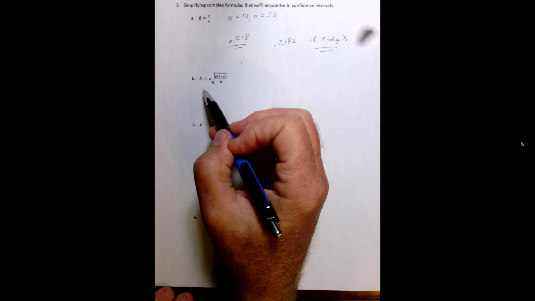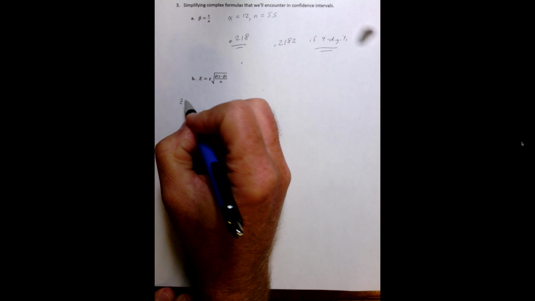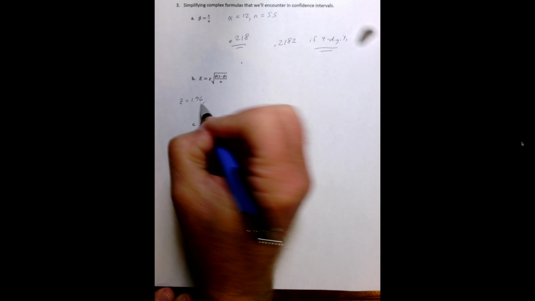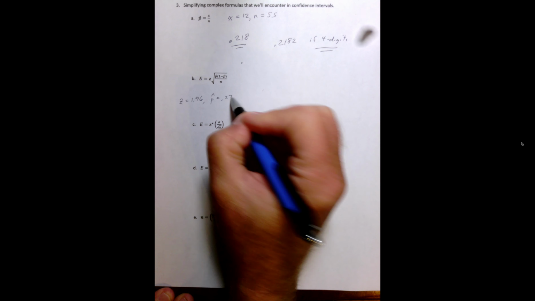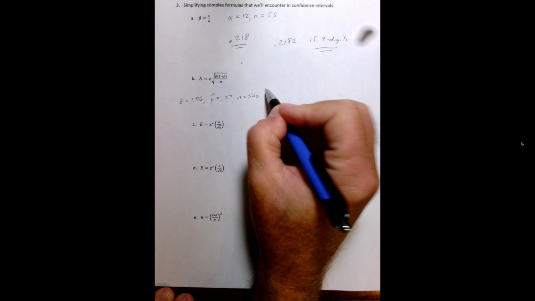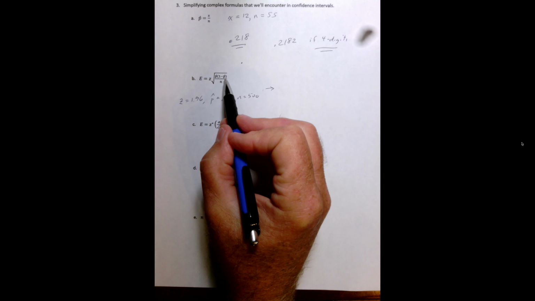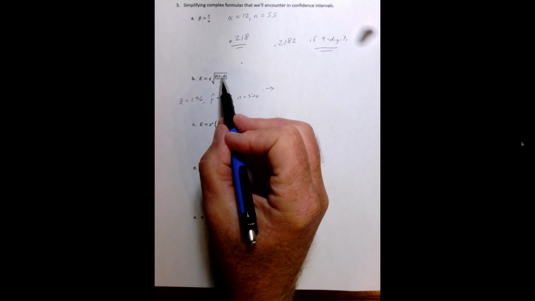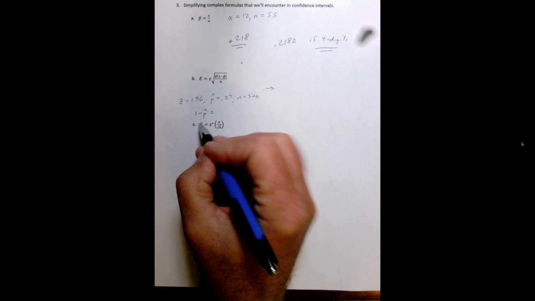Now, these can get pretty ugly because there's a lot going on, but let's just say that z is 1.96 and p hat is 0.27 and n is equal to 500. How would we enter that in our calculator? Now, the first thing I would do is I would see that this 1 minus p hat can cause some problems if you put it in your calculator. So I'm going to go ahead and just calculate that here.